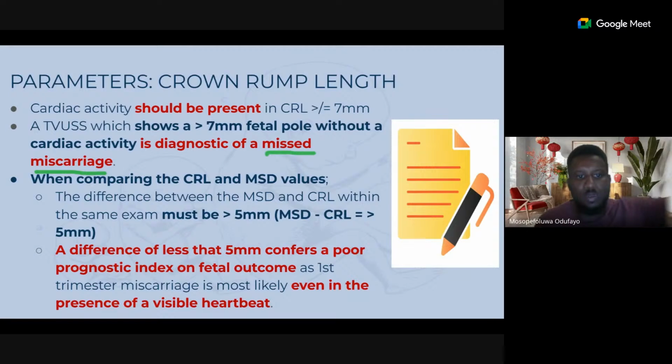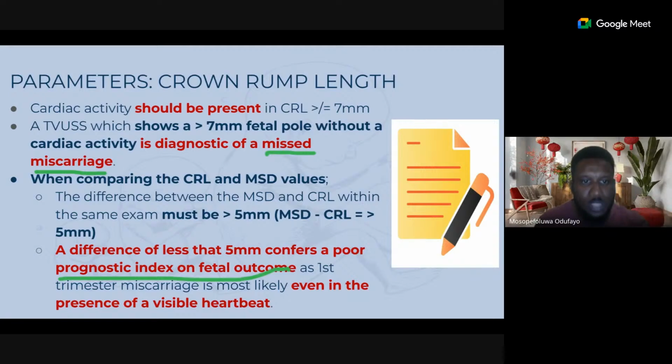So 19 and above. If it is less than 19, assuming the CRL was 14, it confers a poor prognostic index on fetal outcome, meaning that if you do a scan the next time, such a pregnancy might most likely not be alive, even if you saw a good heartbeat in the first instance.